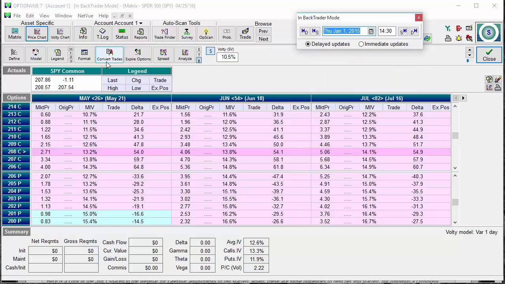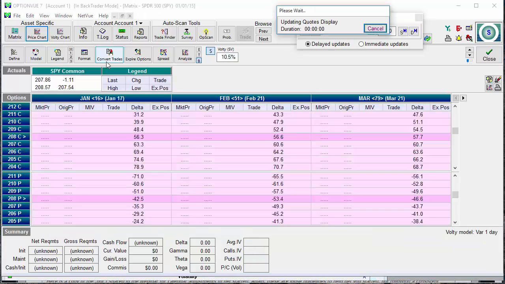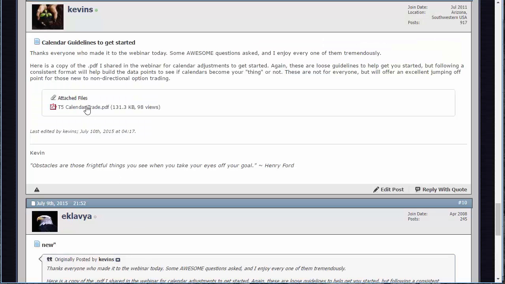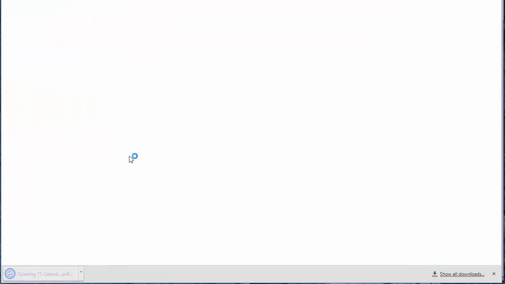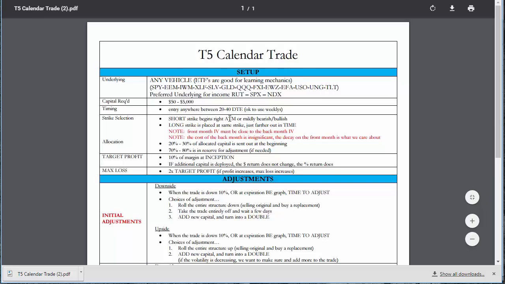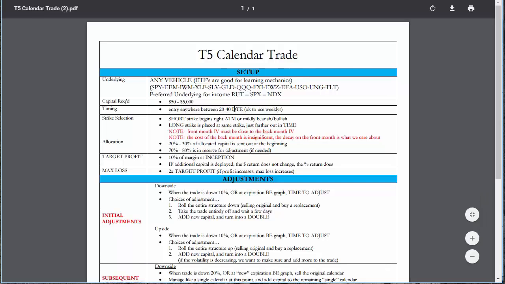show you how a calendar operates. And this is specifically going to be on the SPY. All right, it's going to follow the guidelines that I have posted right here. All right, it's going to follow these guidelines. Whatever the amount is, I'll enter anywhere from 20 to 40 days.